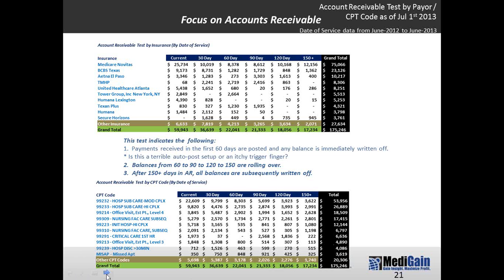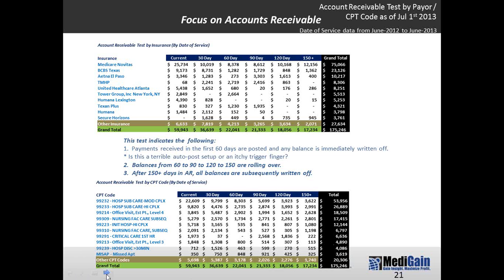That means this part of the AR really isn't being addressed by manpower or by skill or by whatever reason, and it's rolling over to the next bucket in the next period. If you see all your dollars coming in fairly quickly and then your AR static across the board, that's a key symptom of rollover.